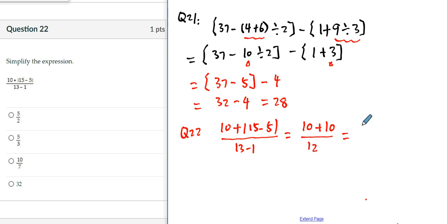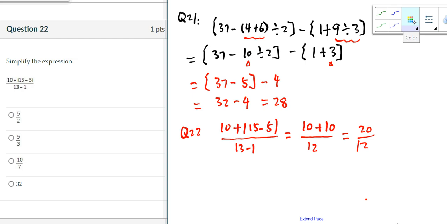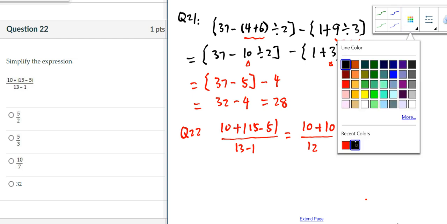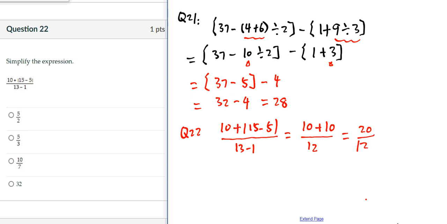So you have then upstairs 20, 10 plus 10. And here is 12 downstairs. We're going to reduce it. So 20 is 2 times 2 times 5. And the 12 is 2 times 2 times 3.